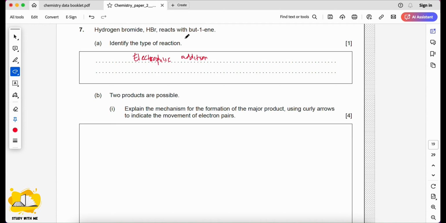It's electrophilic because HBr is acting as an electrophile. An electrophile is a reagent that accepts a pair of electrons to form a covalent bond. And but-1-ene is acting as a nucleophile because it has a pi bond.